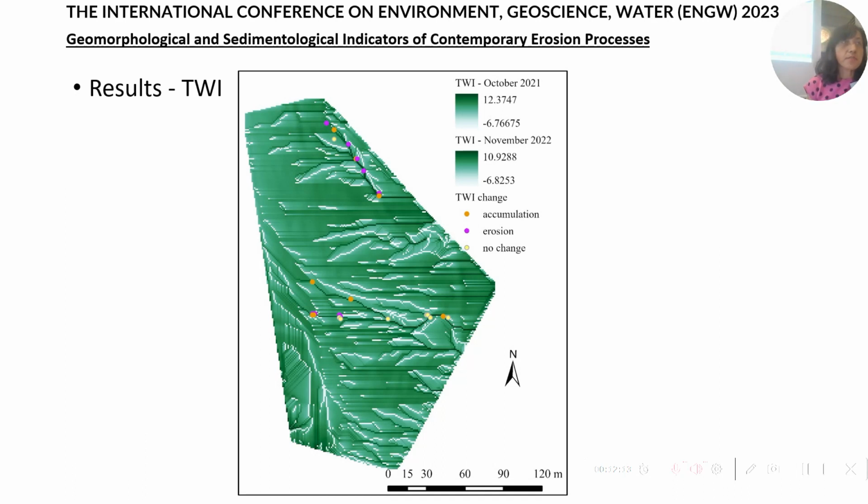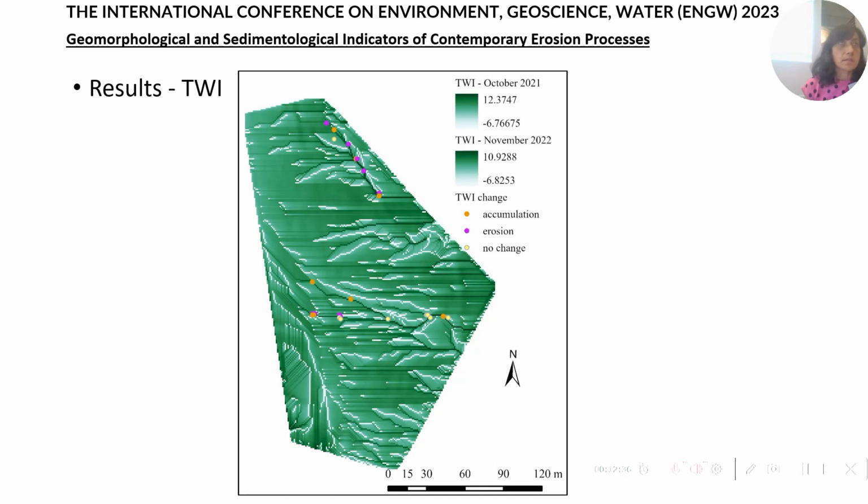For the specific contributing area, we used a flow accumulation raster generated on the base of digital terrain models in the ArcGIS environment.